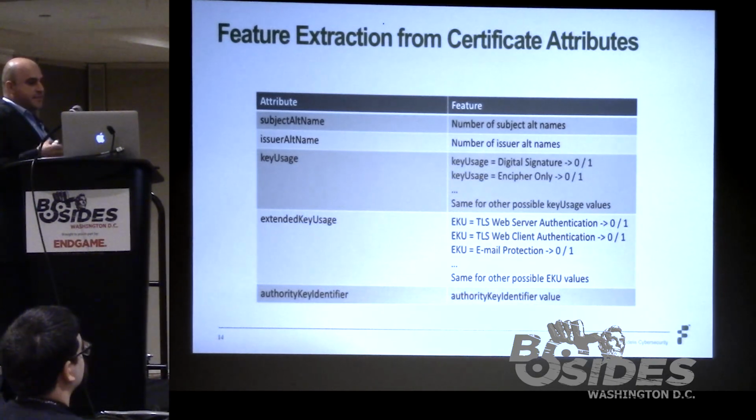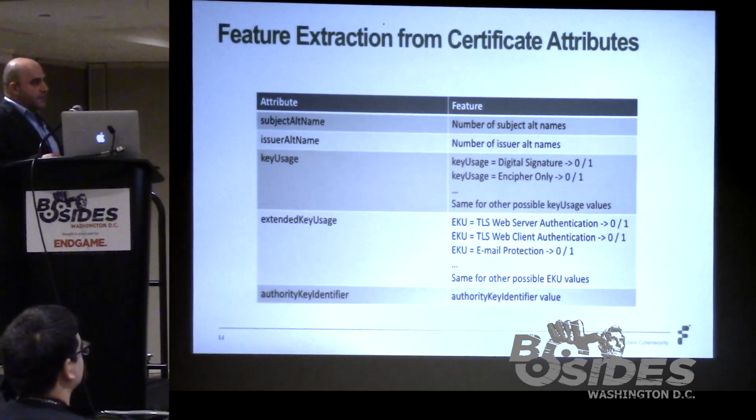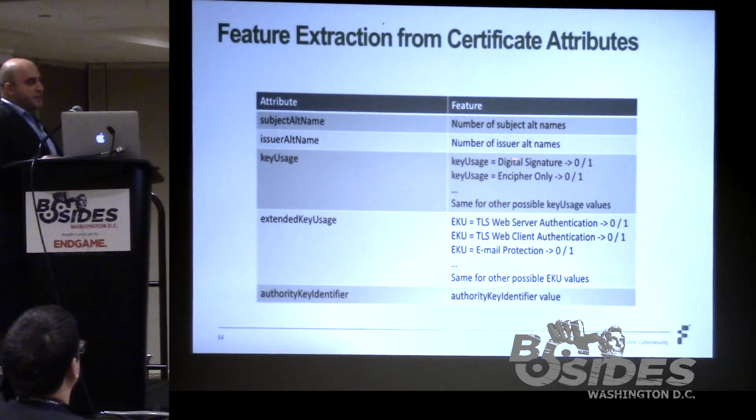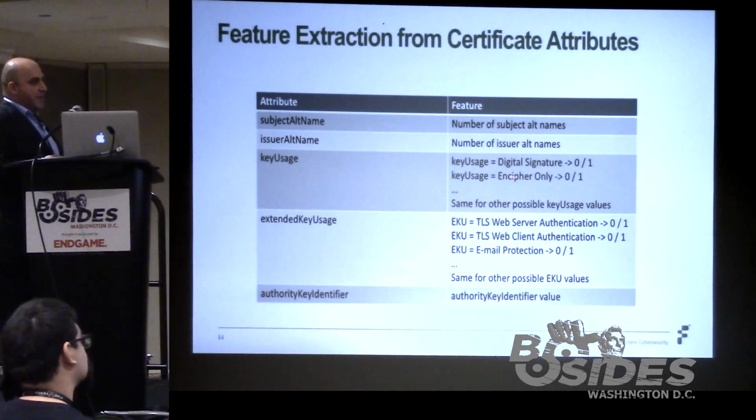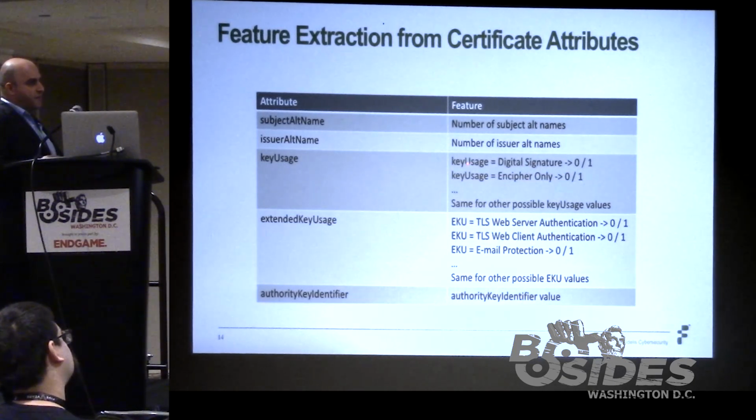Key usage has a specific set of values, and any of these values can be present or absent. So we look at each value, for example, digital signature. If it's there, it takes a value 1. If it's not there, it takes a value 0. Other values, like cipher only, and so on.